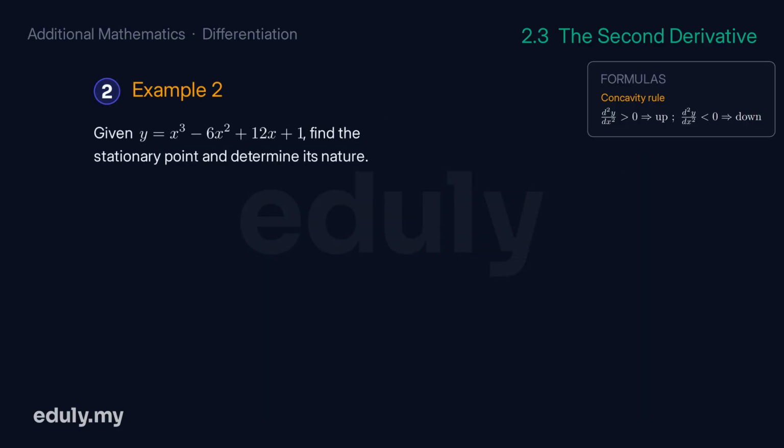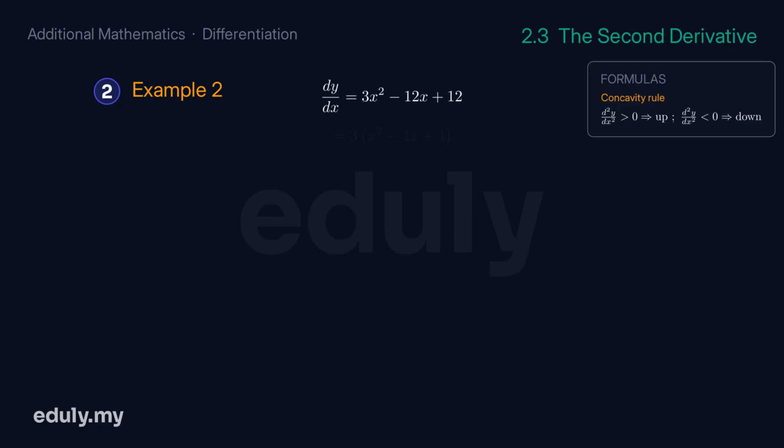Given y equals x cubed minus 6x squared plus 12x plus 1, find the stationary point and determine its nature, showing your reasoning if the second derivative test doesn't decide it. Differentiate to get 3x squared minus 12x plus 12.